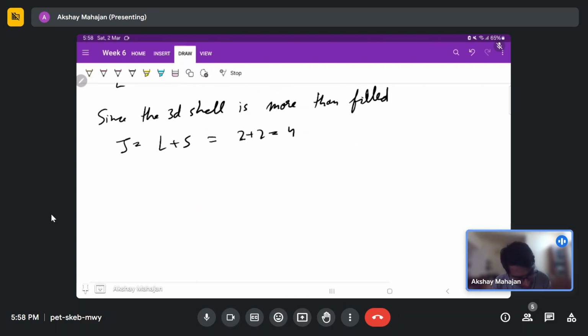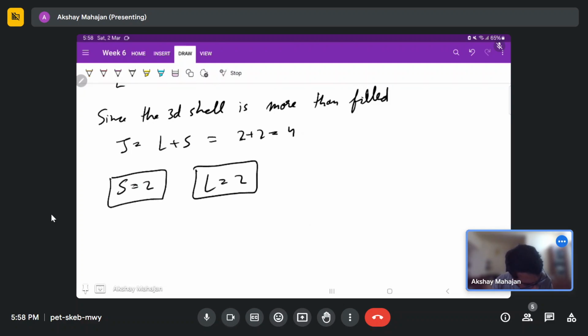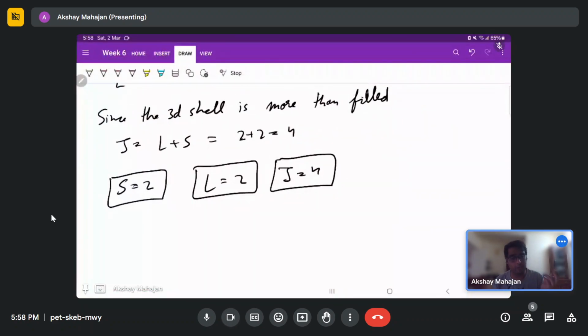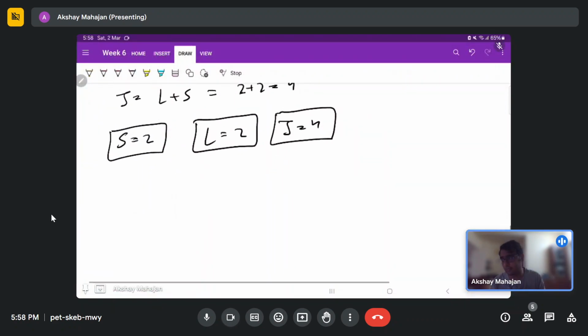So our S value is 2, L value is 2 and J is equal to 4, right? So this is interesting, both your Fe and Fe2 plus will have the same answer. Fe3 plus will change, although, because then we have to take one electron from the 3d shell.